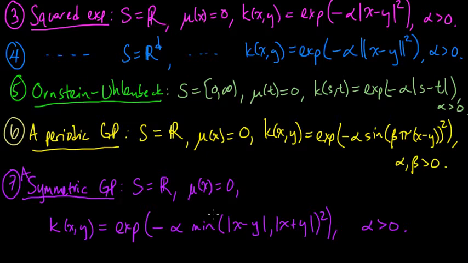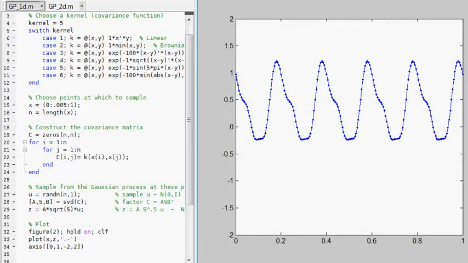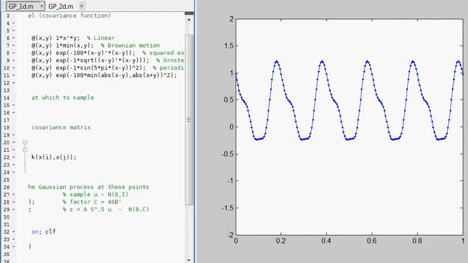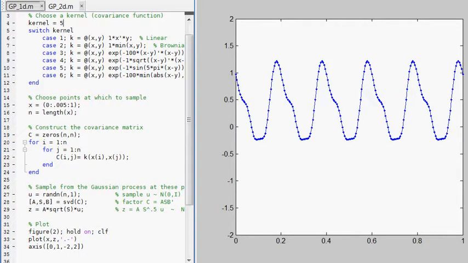You can think about why I chose this covariance function, with the idea of getting something which is symmetric. Let me show you what it does. Here I chose that alpha parameter to be 100, and this is min absolute value and so on, just like I said. So let's run this guy here.